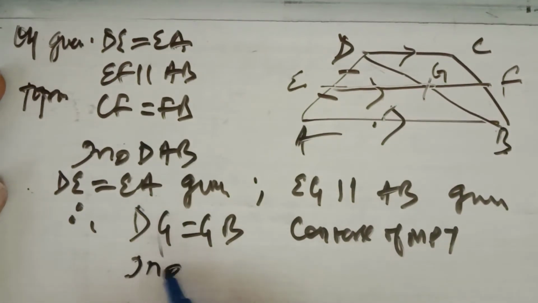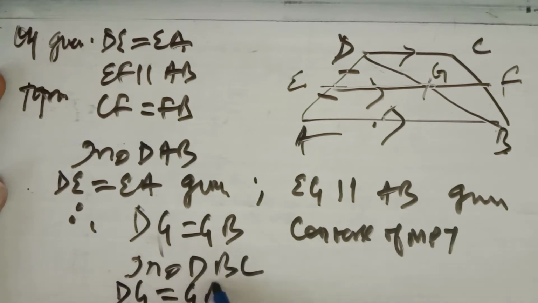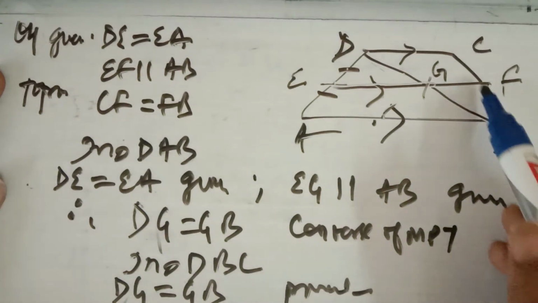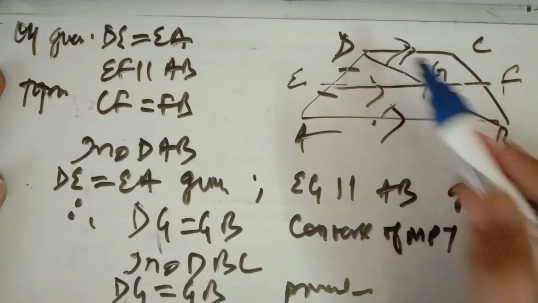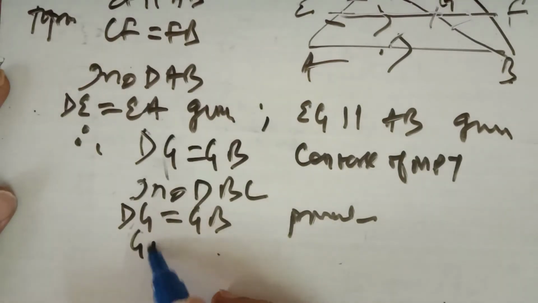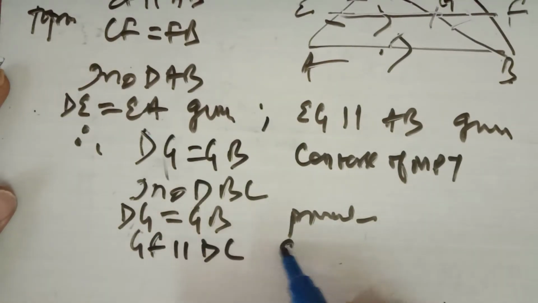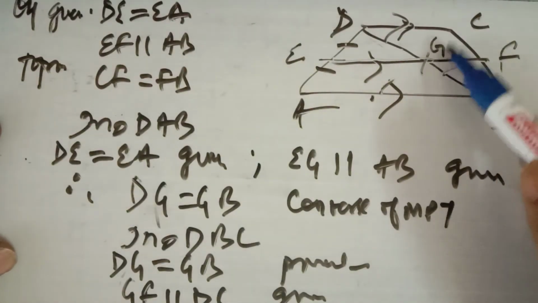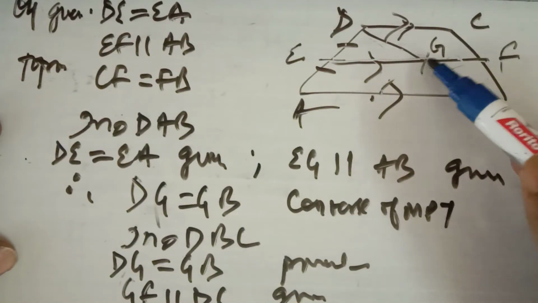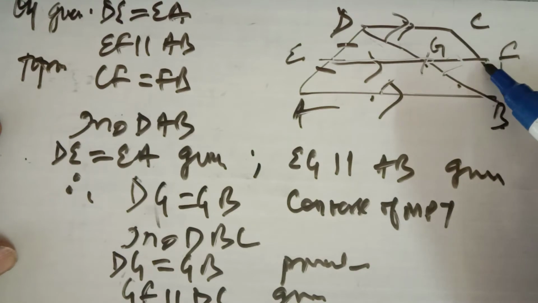Now in triangle DBC, DG is equal to GB, we have proved, and GF is parallel to DC, it is given. So therefore F is also the midpoint of BC by the converse of the midpoint theorem.